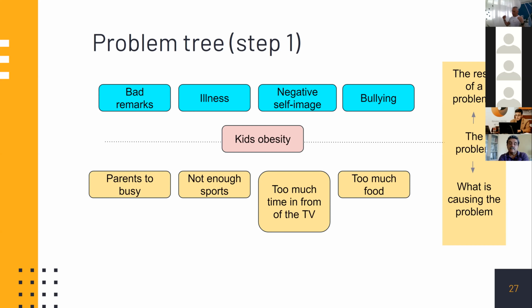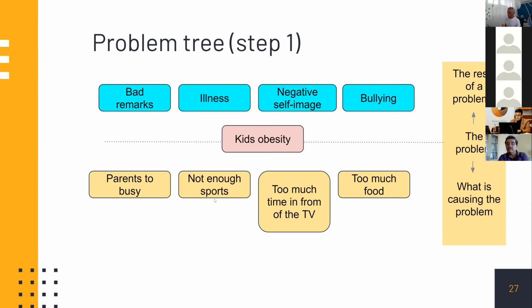So kids' obesity is not just that kids are obese. You need to figure out why they have this and what the consequences of this obesity are. And when you really start to drill into that problem, you will see how this affects your project idea. Because whatever you find here as a problem for kids' obesity will also be seen in your application later.